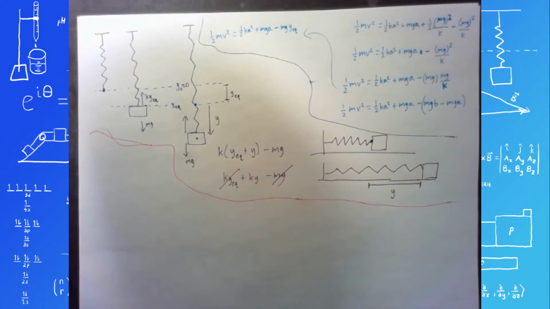Now, where did I want to go from here? So we just established that vertical springs can be treated as horizontal springs after making an adjustment to where you define your equilibrium position to be. And the reason I wanted to do that was to get us ready for a problem, which was what?